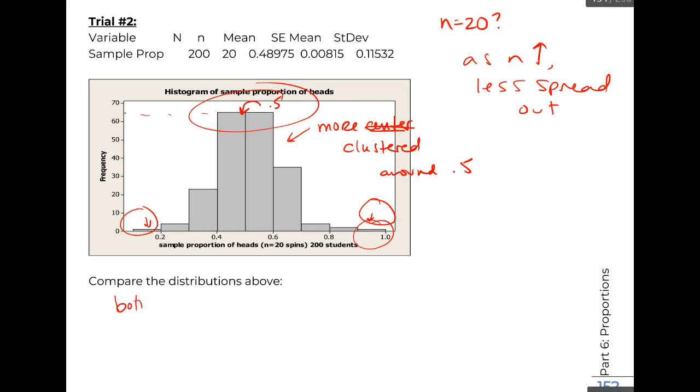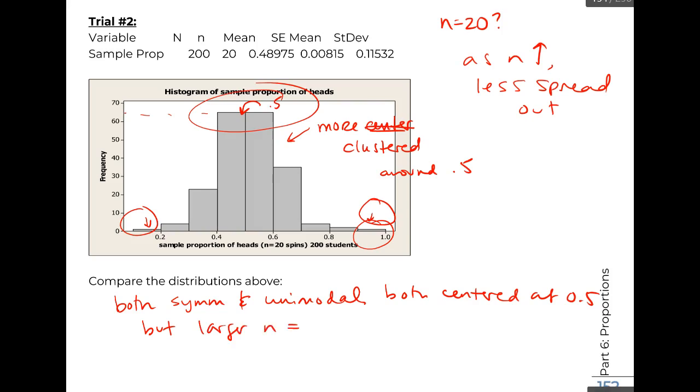So they're both symmetric and unimodal. They're both centered at 0.5. But larger n, smaller spread.